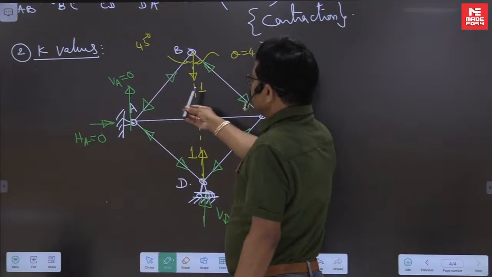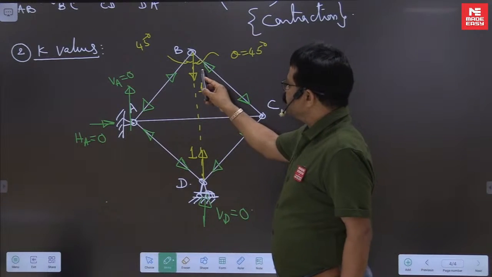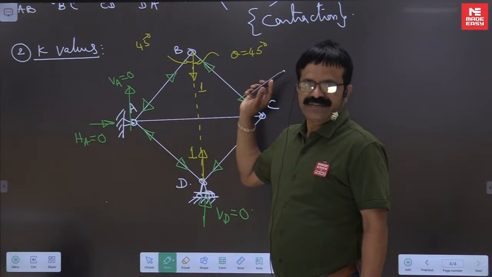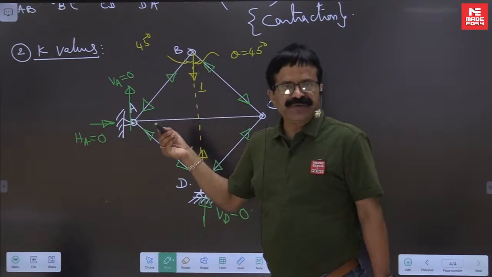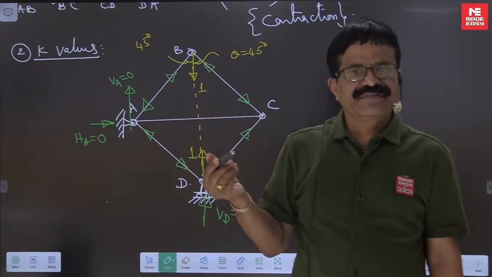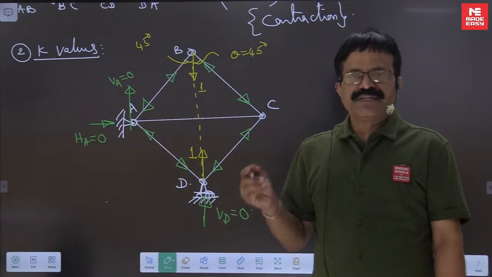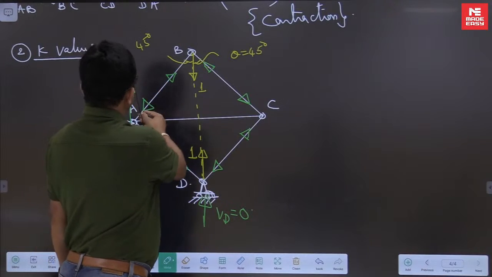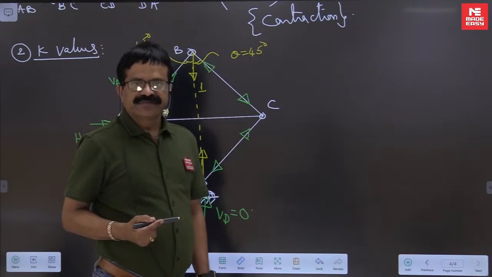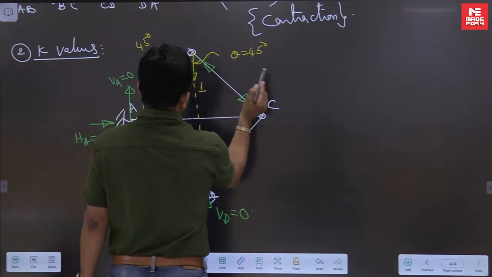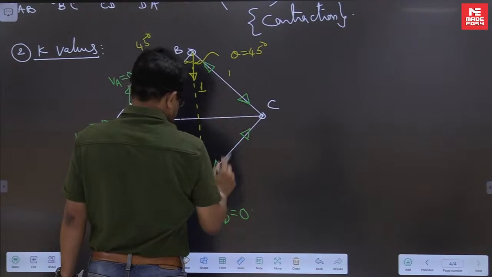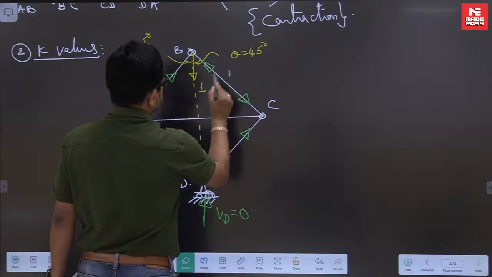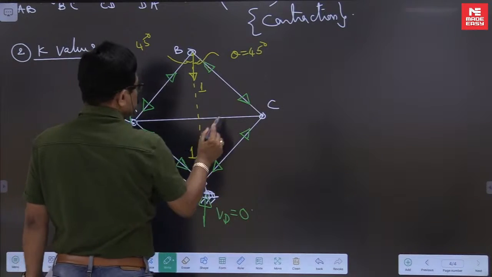Next, take the y component: KBC sin 45 plus KBA sin 45 must be equal to 1. Sin 45 is 1 by root 2, so 1 by root 2 plus 1 by root 2 gives 2 by root 2, that means root 2. Root 2 into KAB is equal to 1, so KAB is 1 by root 2. Force in this member will become 1 by root 2.